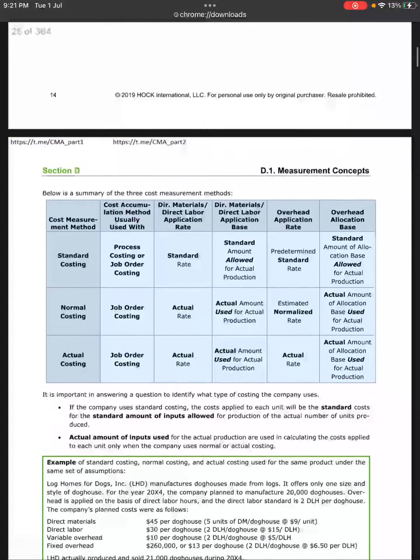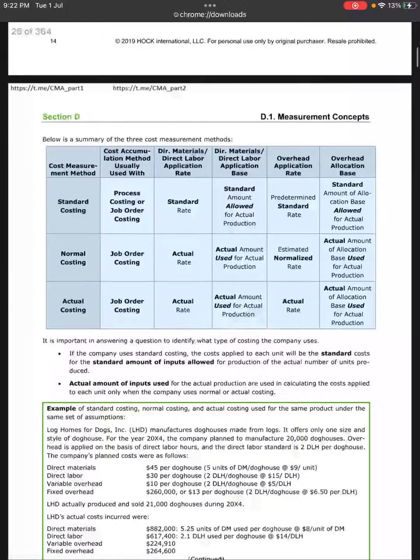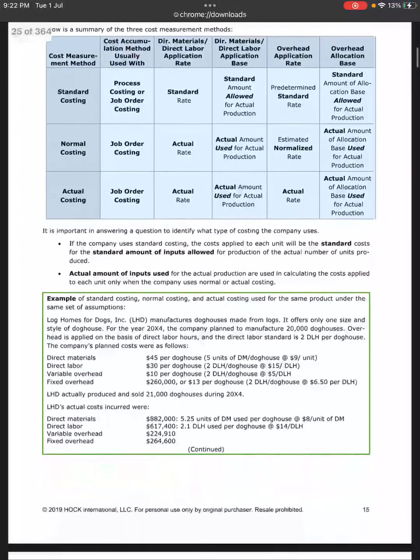Okay, and overhead application means manufacturing overhead, estimated normalized rate, estimated means standard rate, and overhead allocation base, actual amount of allocation base used for actual production. Okay, and actual costing means job order costing, with actual rate for direct material, actual base, and overhead actual, everything on actual rate basis, right?